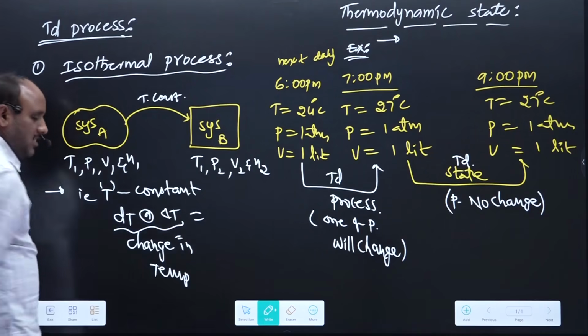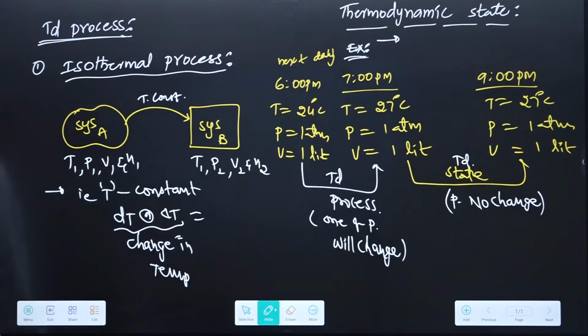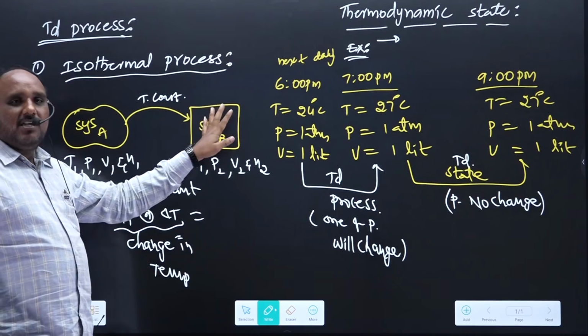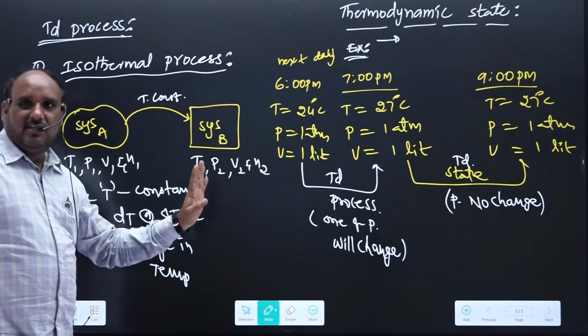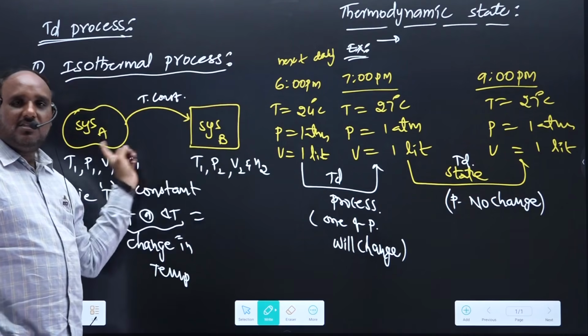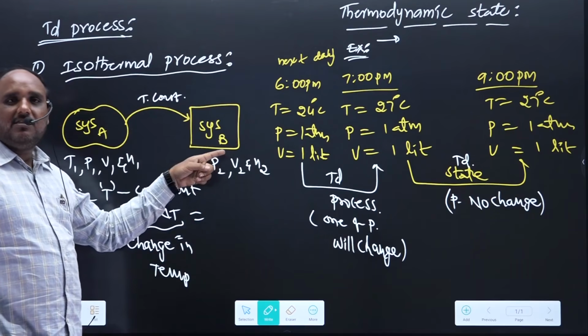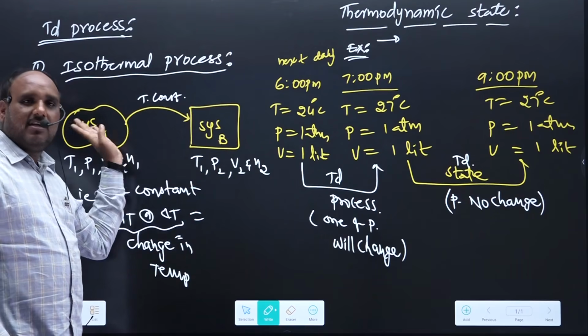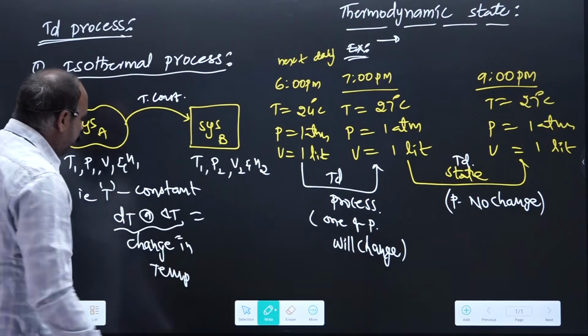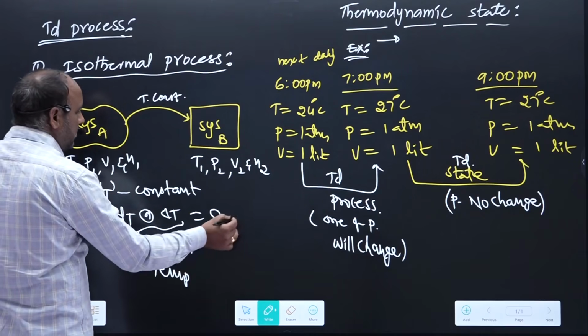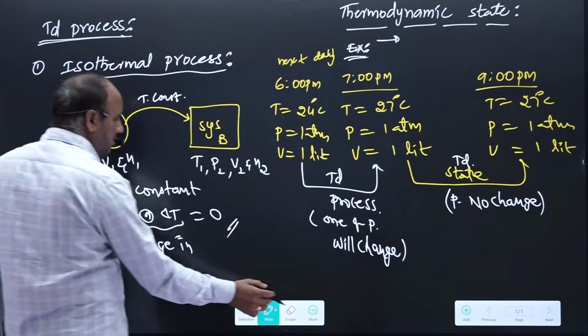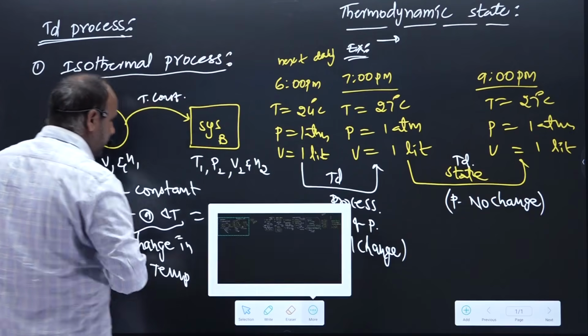What about that change? Zero only. Here T1 means, for example, the system is at 25 degrees centigrade. System B is also at 25 degrees centigrade, because there is no change of temperature. 25 minus 25 becomes 0. Therefore dT or delta T equals 0. These are the conditions of an isothermal process, right?